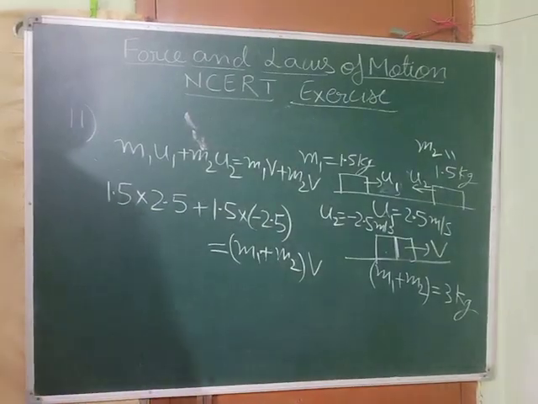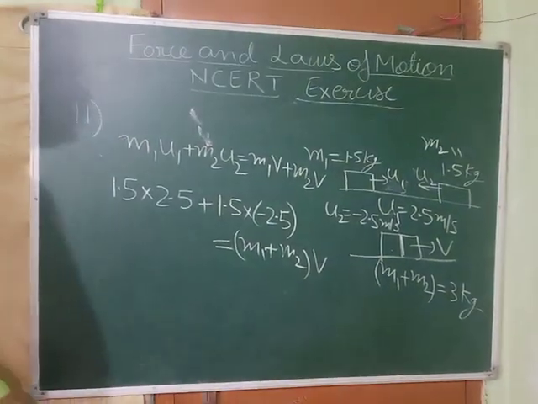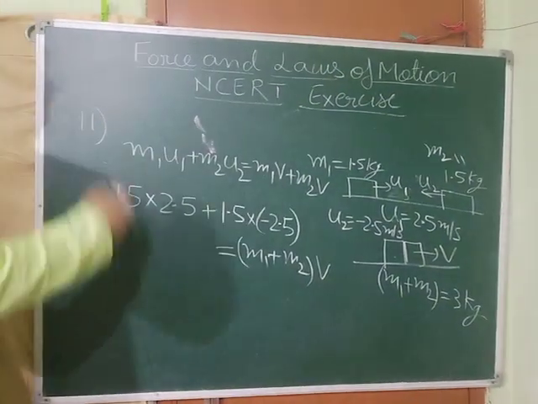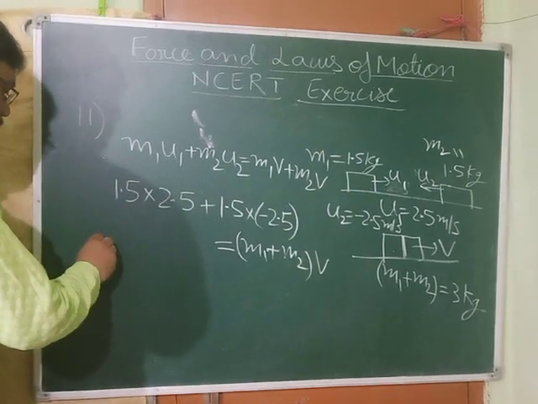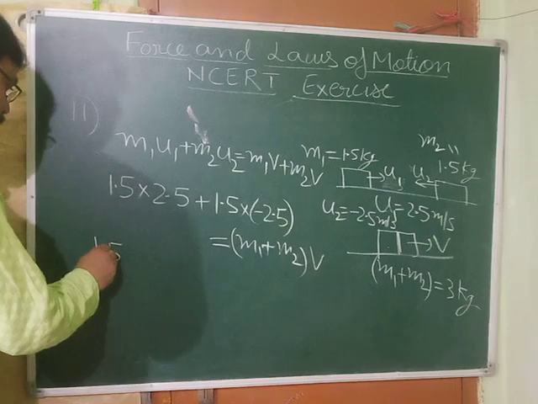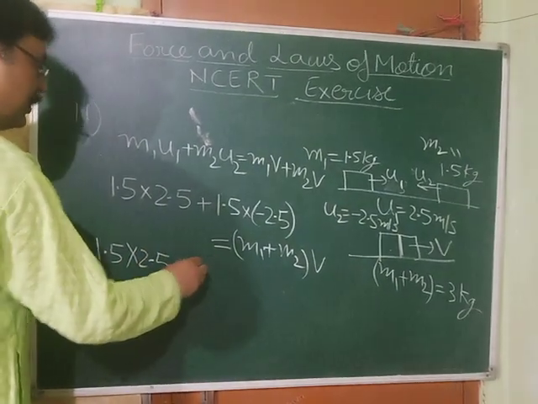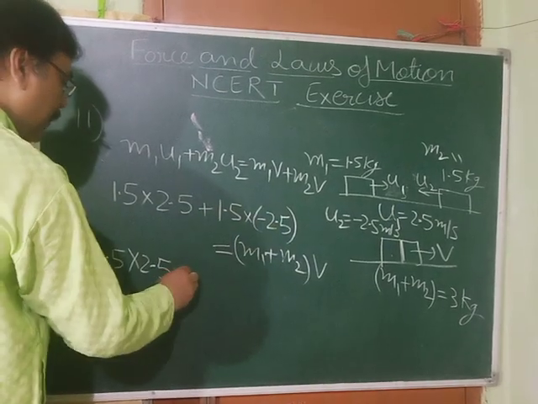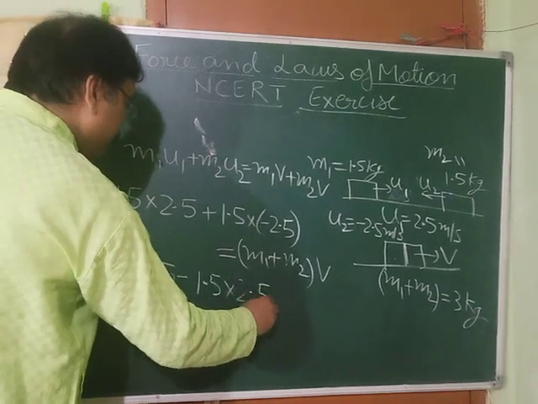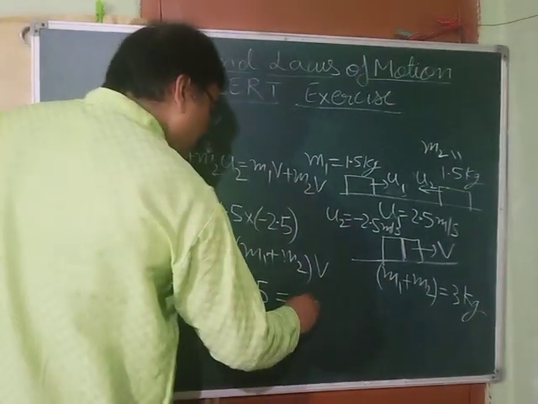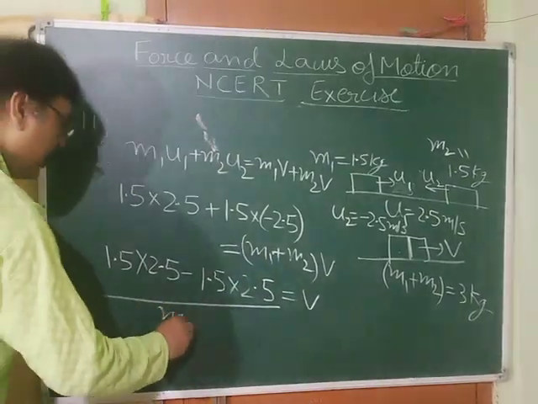Okay. Now 1.5 into 2.5, that we have to find out. See here, it is 1.5 into 2.5. Let's not multiply this. When you multiply this minus with the plus, what will you get? Minus 1.5 into 2.5. v is equal to this by m1 plus m2.